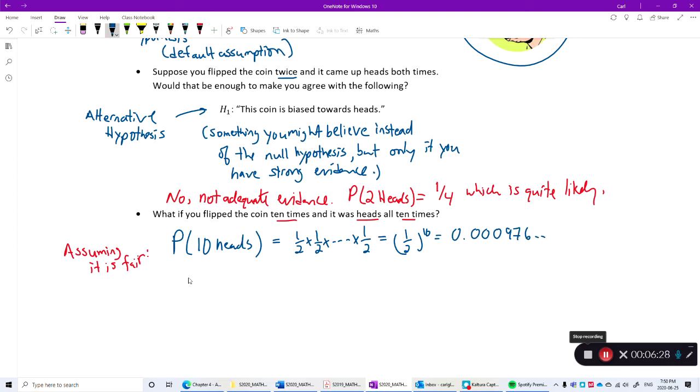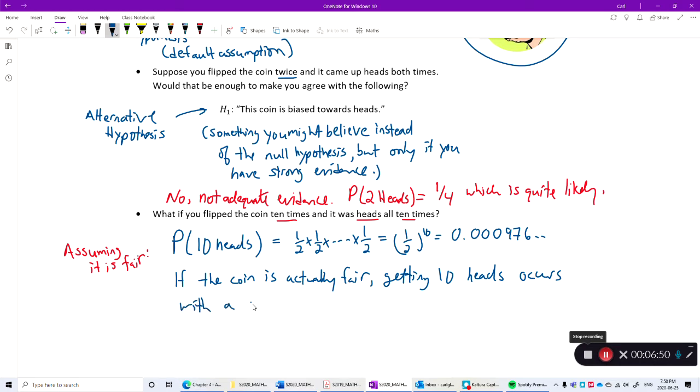So what we would say is, if the coin is actually fair, getting 10 heads occurs with a very tiny probability.